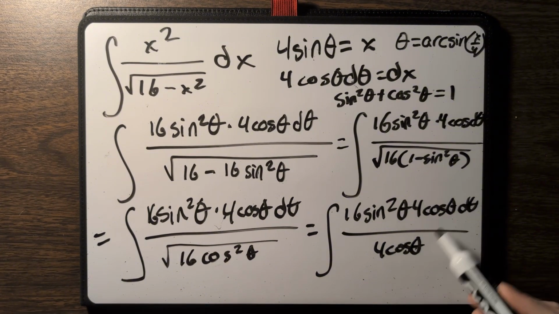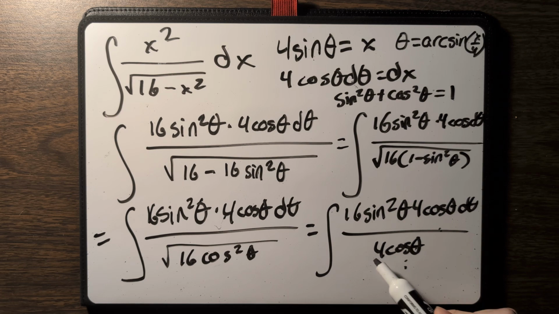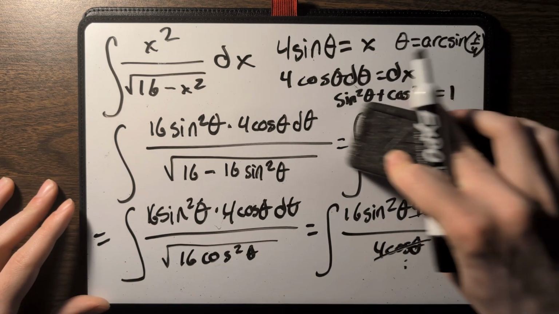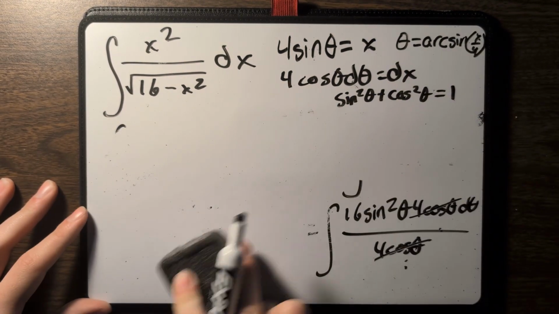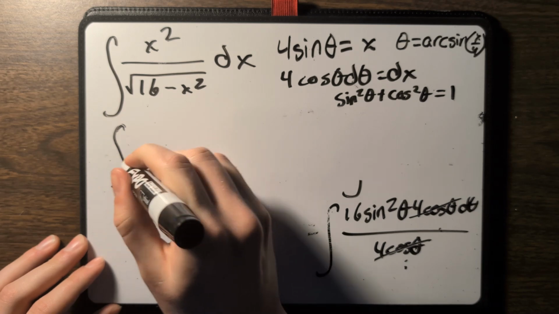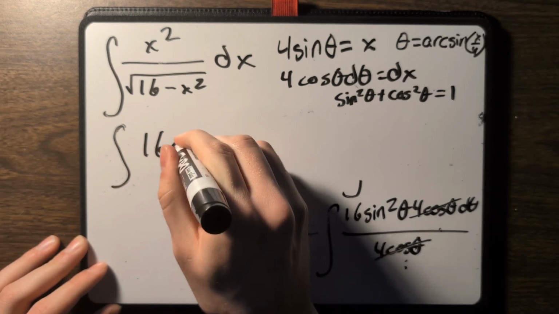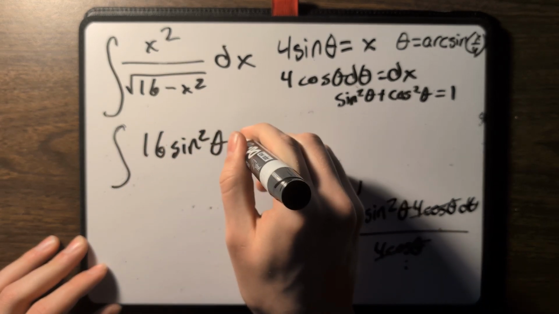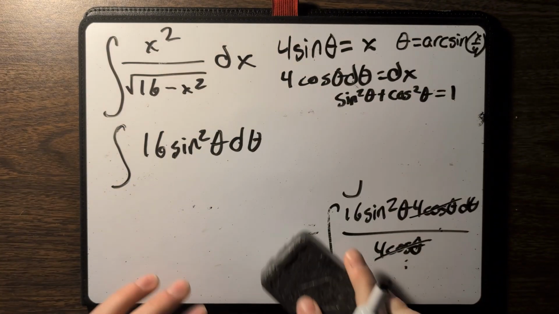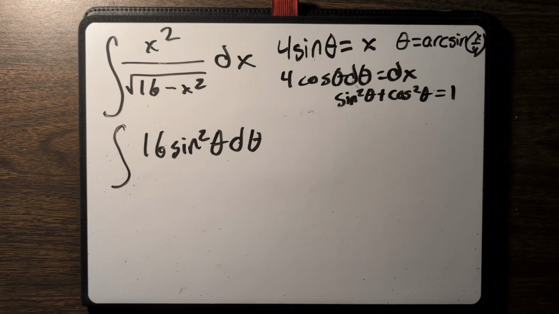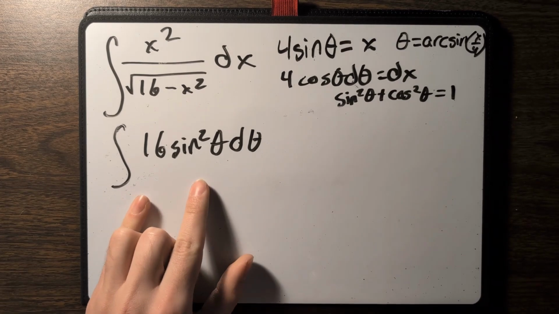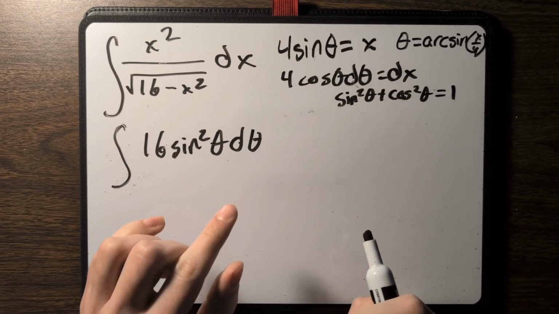Now, if we notice, numerator and denominator are the same, so these cancel out. What we will be left with is 16 sine squared theta. Fairly simple so far, just some algebra, just simplifying.